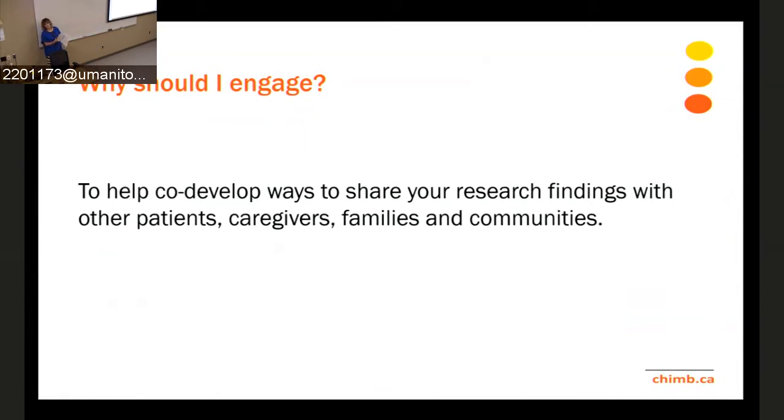To help co-develop ways to share your research findings with other patients, caregivers, families, and communities. A neat one: there's a large pragmatic study around pain, and physical therapists worked with patient partners to co-develop a continuing education program that would be used afterwards from the recommendations of the initial study.